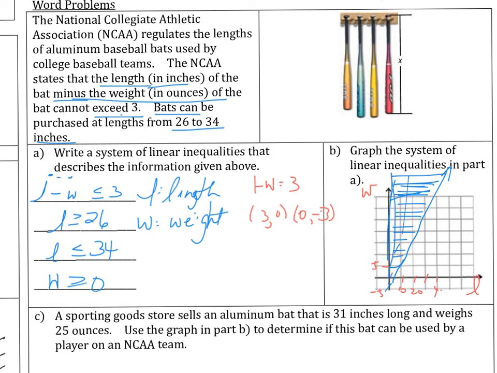And then for L equals 26, the boundary line, let me use a different color. It's about here. And I have to shade everything to the right, only in quadrant 1. And when L equals 34, I'm going to have to shade, well, let me first graph the boundary line.